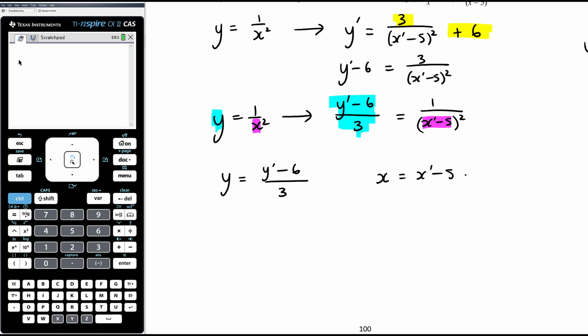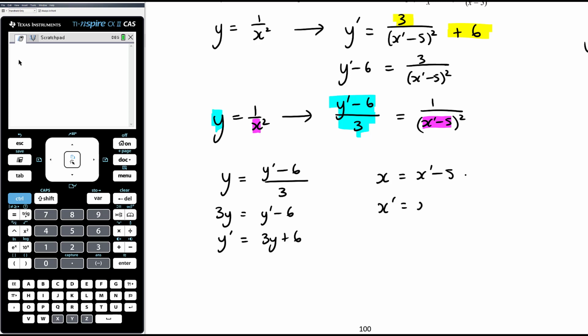Sometimes that doesn't require any rearrangement, so I don't want you to automatically get into the pattern of, here's my two equations, then I rearrange them, then I've got my answer. I want you to focus on what it is that you need to be the subject of the equation. And in this instance, we need x dash and y dash to be the subject. So 3 times y is y dash minus 6, and therefore y dash is 3y plus 6.